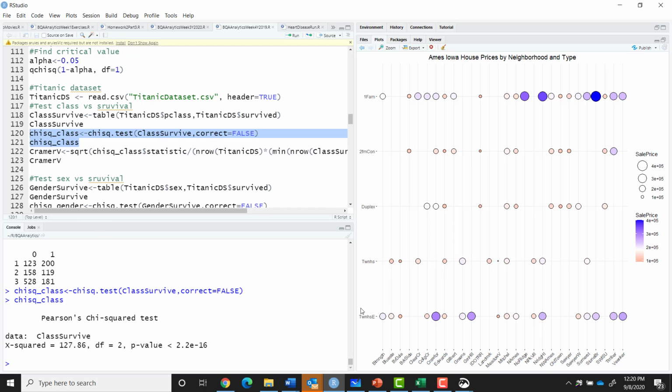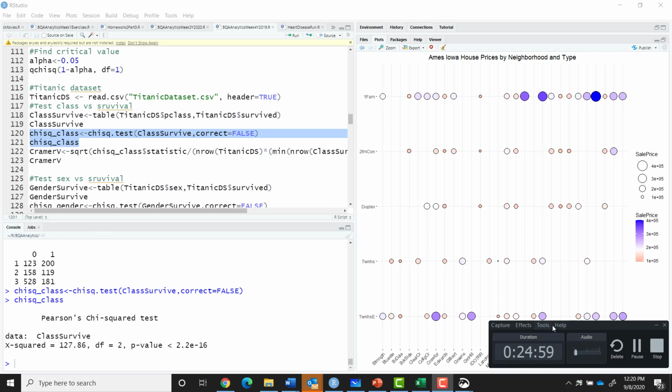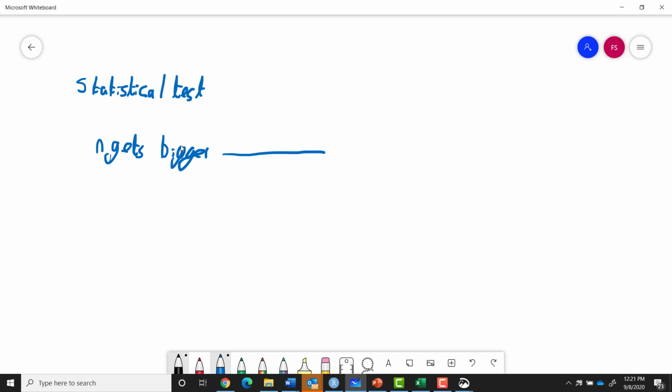Now, there's something here that's called Cramer's V. And what Cramer's V is, is what we call an effect size, because with a statistical test, as n gets bigger, we get more significant.